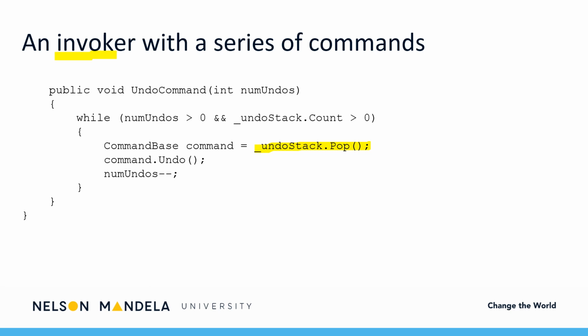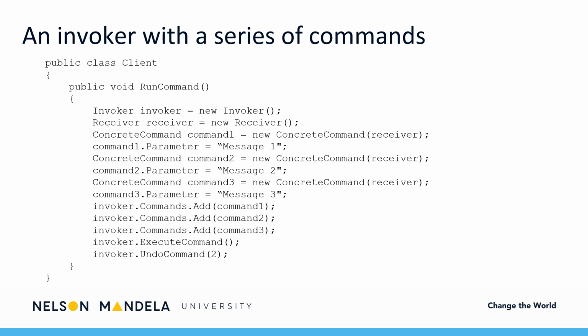This is now where you are going to execute your method or the number of series in your invoker class, where you can add your commands. You add your commands, and if you want to undo that, you execute, which is obviously going to run your while loop, and then your undo.